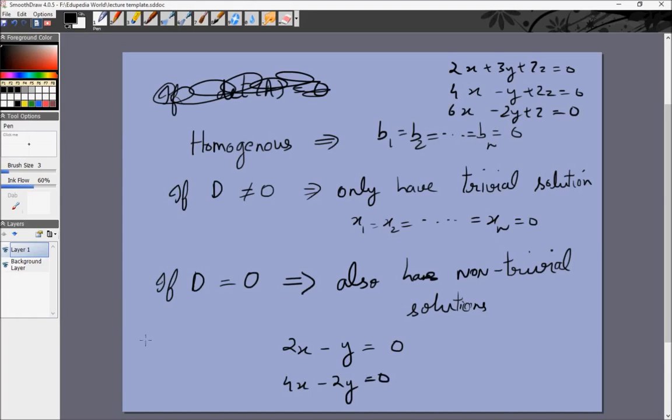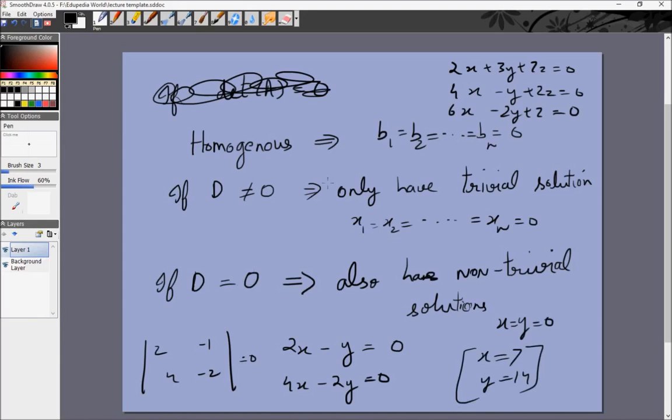We already know that the determinant with rows 2, -1 and 4, -2 will have the value 0. 2 into minus 2 is minus 4, 4 into minus 1 is minus 4. So its value is 0. Right. So because its value is 0, x is equal to y is equal to 0 is a solution, but also any solution of the form y is equal to 2x, that is x is equal to 7, y is equal to 14, is also a solution, right?